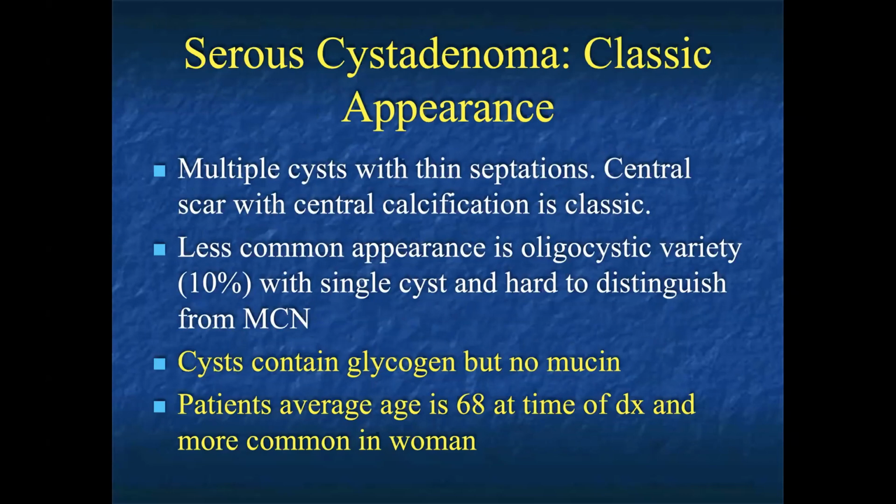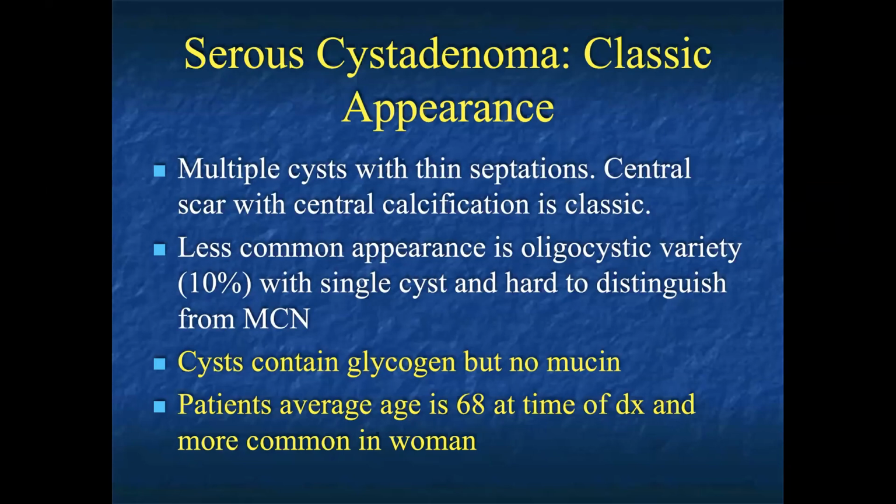The classic appearance are multiple cystic lesions, that Swiss cheese appearance, often with calcification central in the lesion. But there's a range of appearances. There's an oligocystic appearance where the lesion is purely a cystic lesion, looking very much like an IPMN when it's smaller, or a mucinous cystic neoplasm.